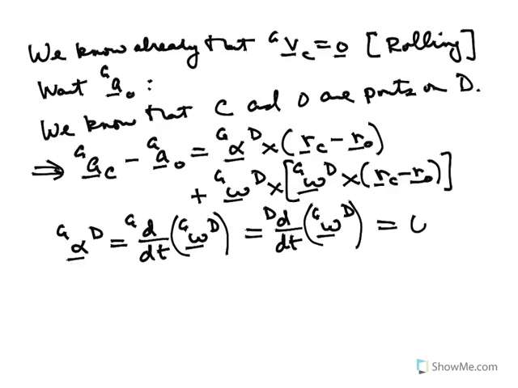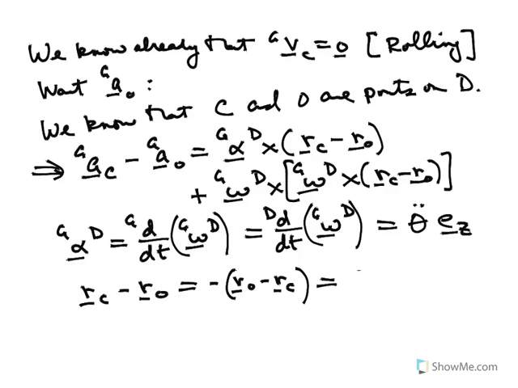And that's equal to theta double dot times EZ. Now, RC minus RO is equal to minus (RO minus RC), but RO minus RC was equal to minus R EY, so this is equal to R times EY.